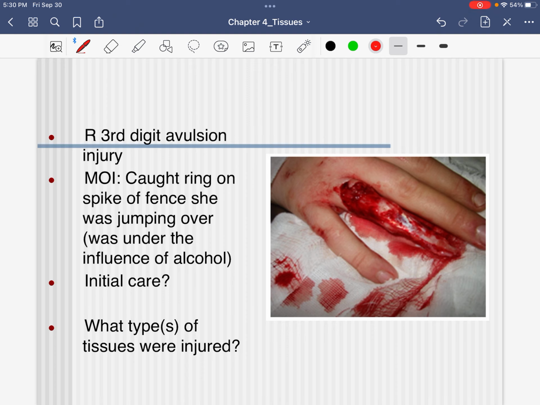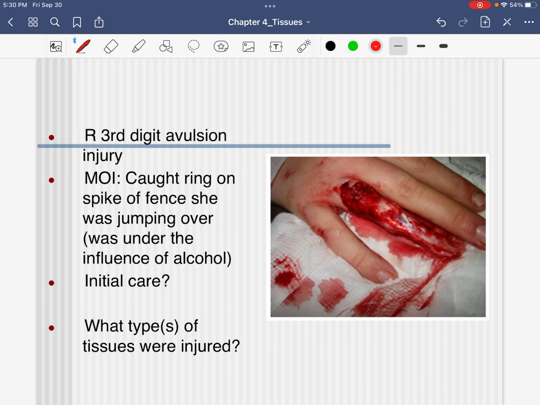The story that I found online with this picture is that somebody was climbing over a fence, and as they reached the top, they grabbed onto the top, and then they kind of jumped over to the other side, ready to jump back down on the other side, but then their hand had a ring that got caught on the top of the fence. So as their body weight went back down, the ring got stuck and their hand also got stuck, and it peeled off this skin here.